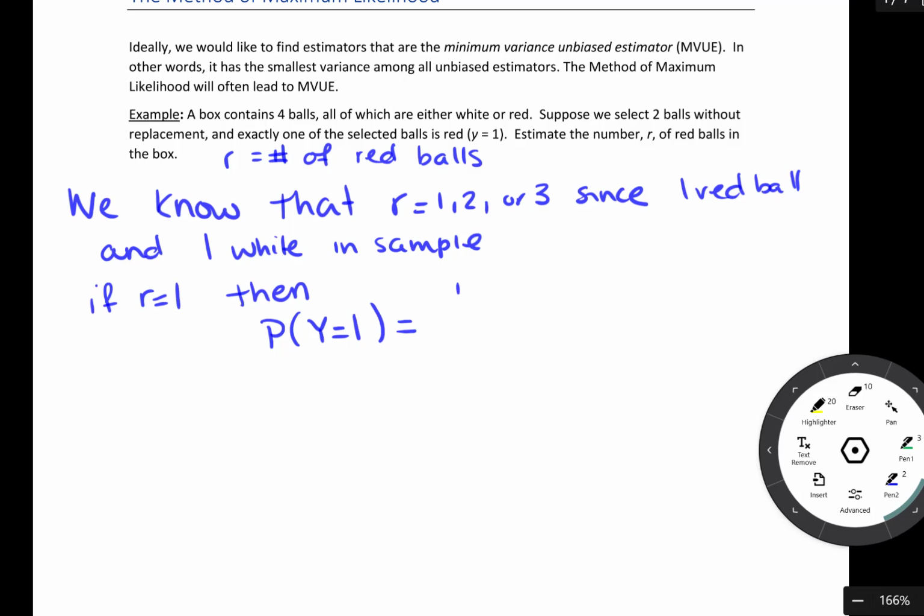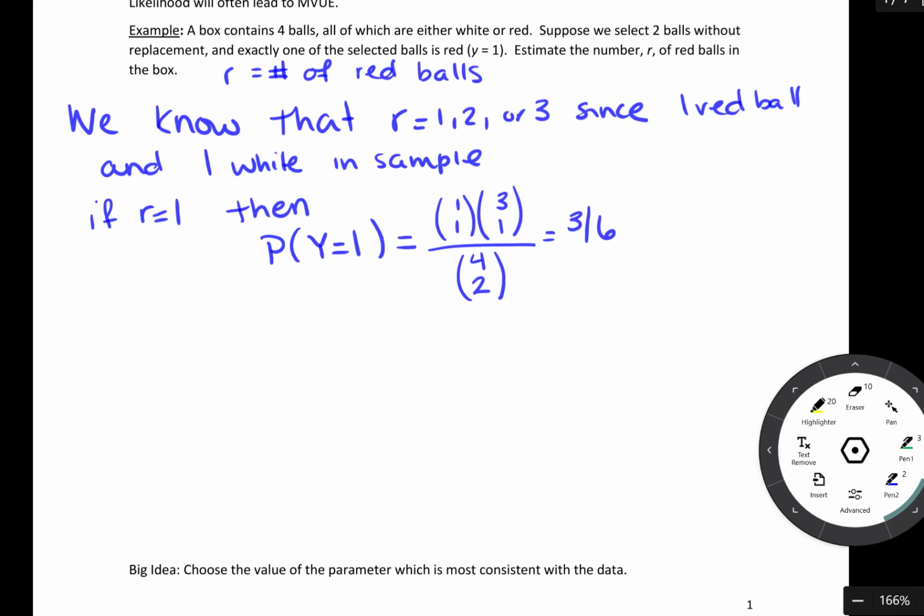From our red balls, there's only 1, and we chose the 1. From the 3 possible white balls, there were 3, and we drew 1. And then in the denominator, we look at the possible combinations of choosing 2 from 4 balls, and this is equal to 3/6.